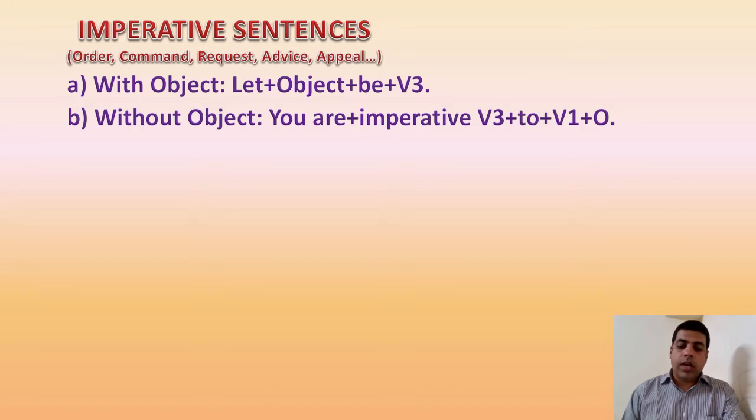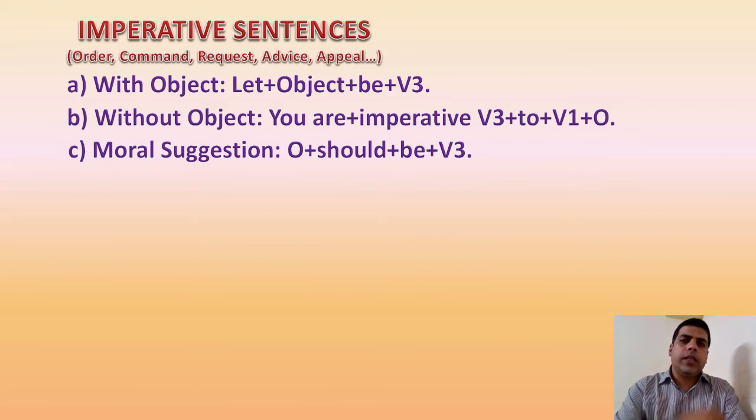So in that case, how are we supposed to handle it? And the third case will be where some moral suggestion is there. Respect your country. Respect your parents. Like that, sentences will be given where moral value is included. So let us now deal with the first kind, type 1, that is with an object.